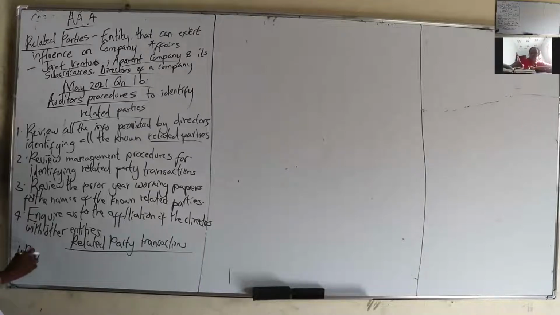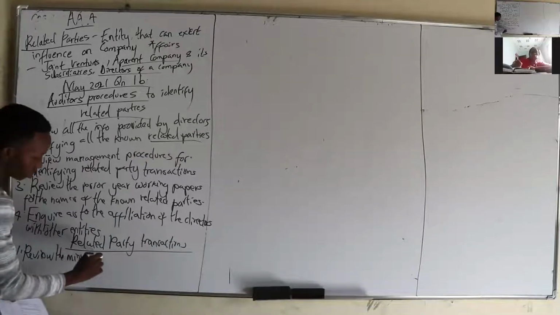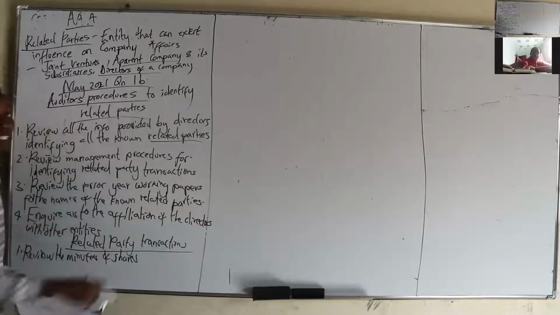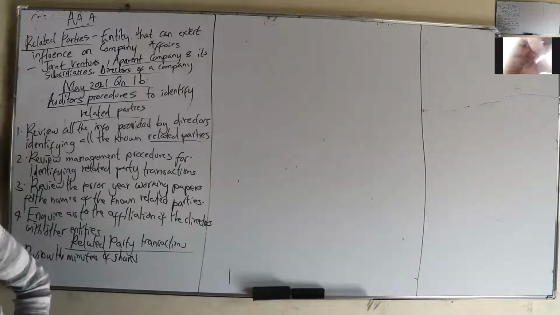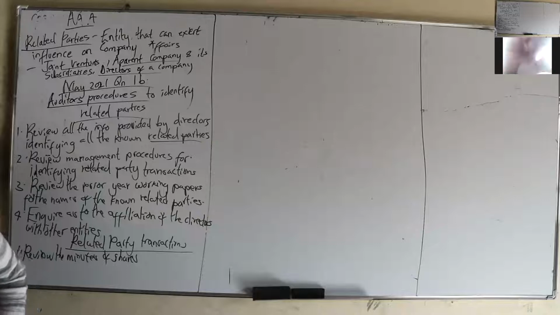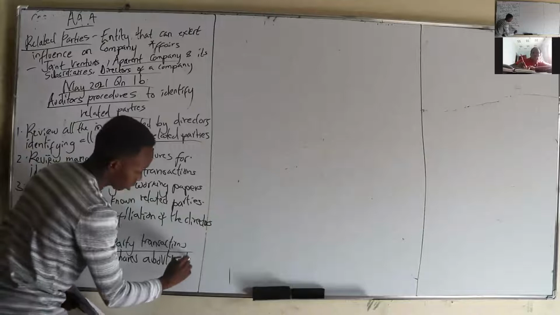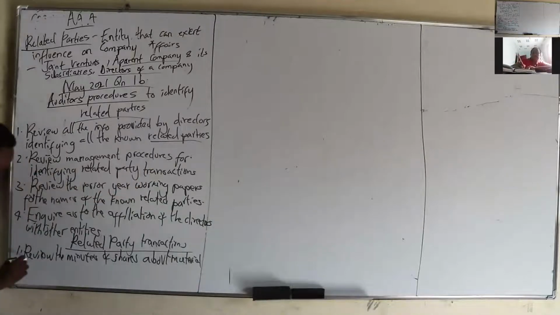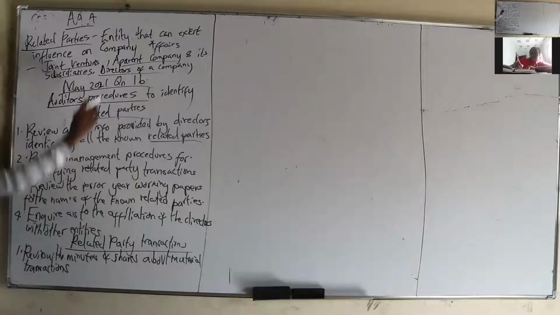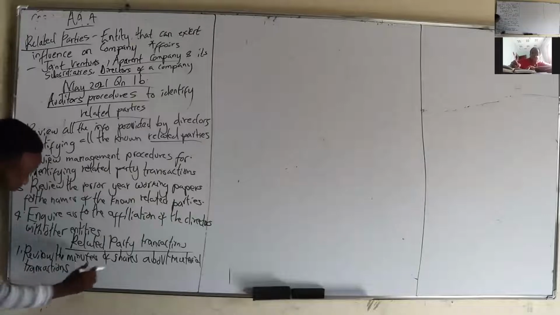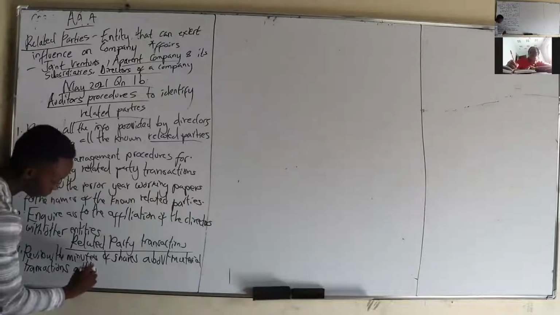Review the minutes of the shareholders, about the transactions that are undertaken by these related parties, about material transactions authorized by the board during those meetings, because these transactions may not necessarily be carried out the same way as other transactions.